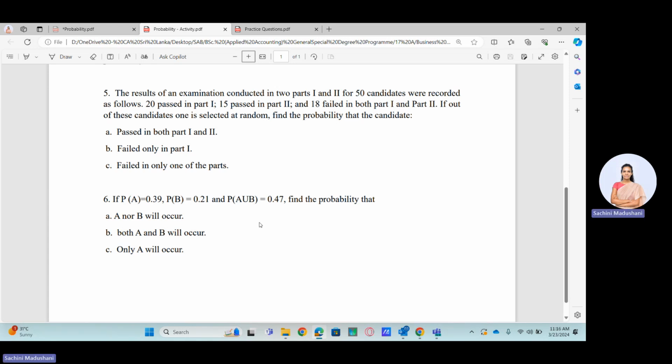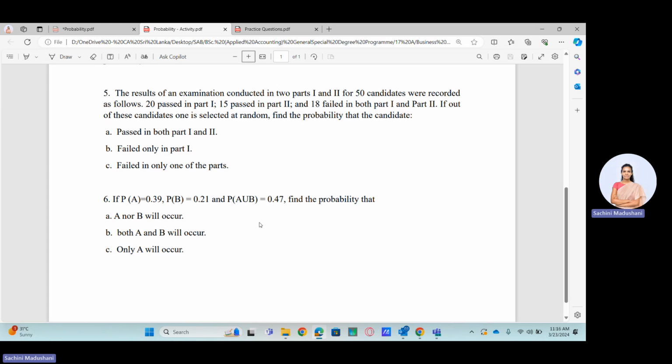Now tell me what every number means. Only A: it is not included in the part of B. How do we find it? Take the probability of A and subtract the intersection.